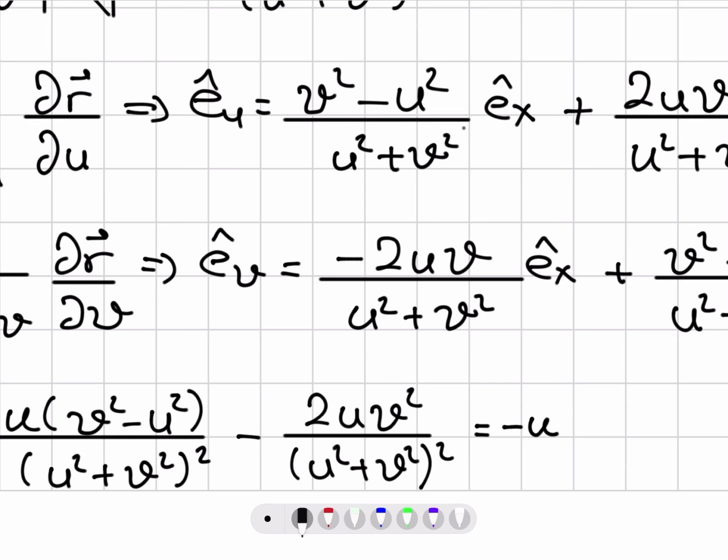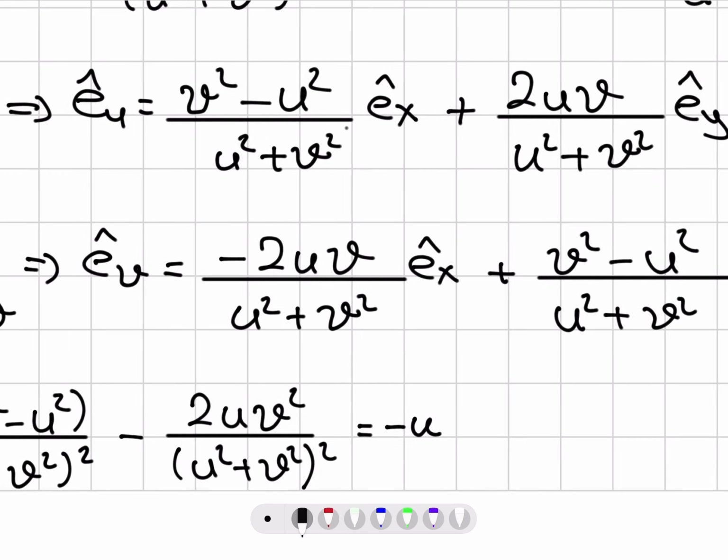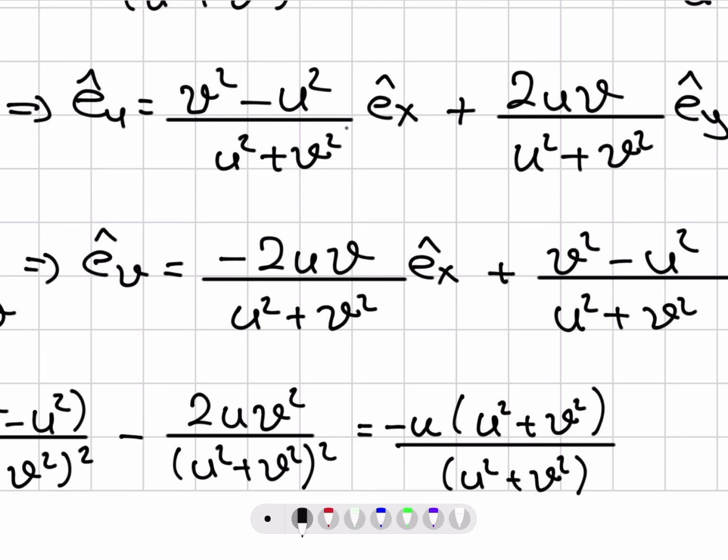If I do that, I would be left with plus 2V. So minus U parentheses will give me plus 2V squared. And minus U parentheses would give me U squared minus V squared. So 2V squared minus V squared would give me V squared. So this is minus U parentheses U squared plus V squared divided by U squared plus V squared squared.